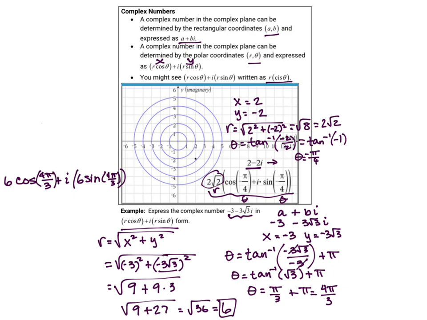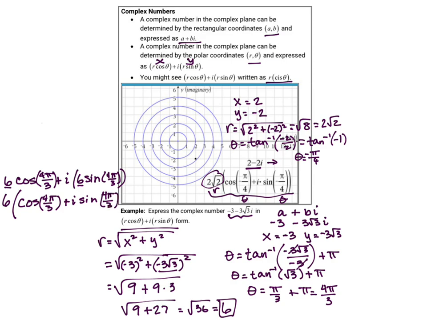And I want to talk to you about a couple of different things that could happen. They could recognize that both terms have the 6, and they could pull it. So you could see 6 times cosine of 4 pi over 3 plus i sine of 4 pi over 3. These are equivalent.